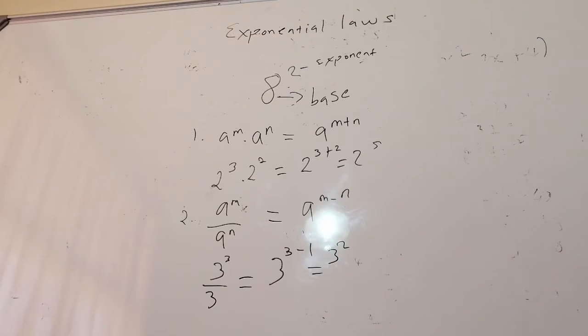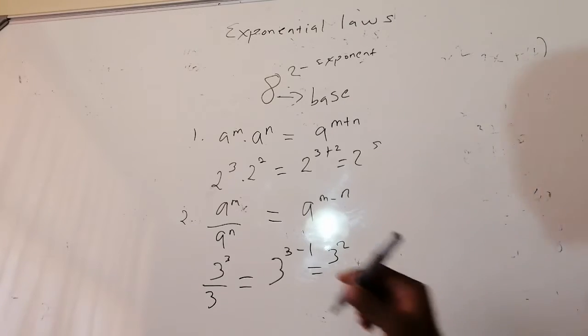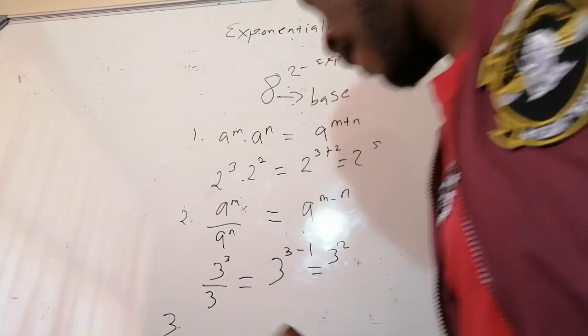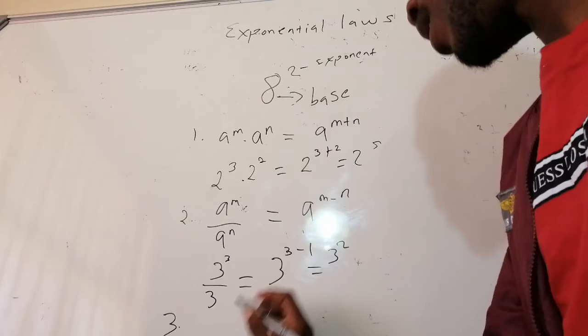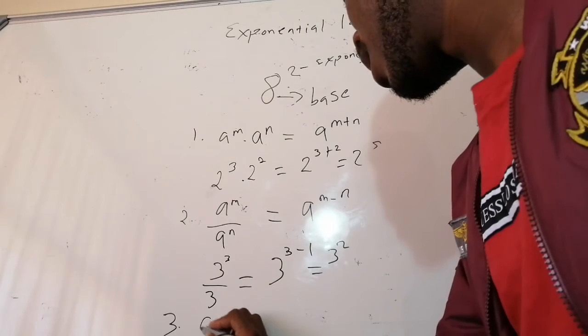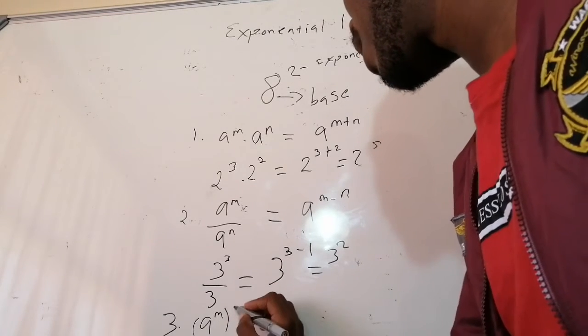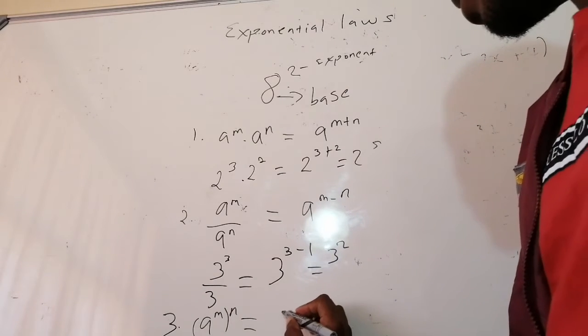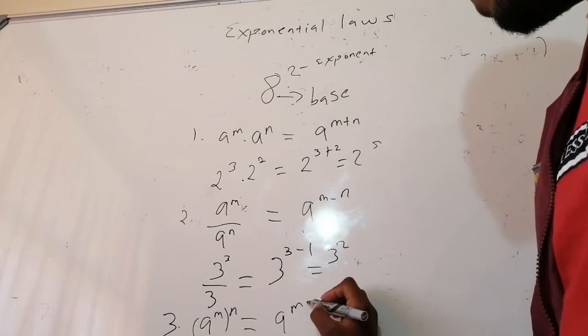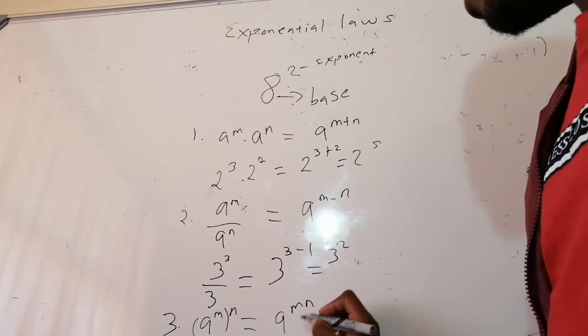Now, the third rule says if we have a number with an exponent raised to another exponent, a to the power m raised to another exponent, we simply multiply those exponents, a to the power mn.